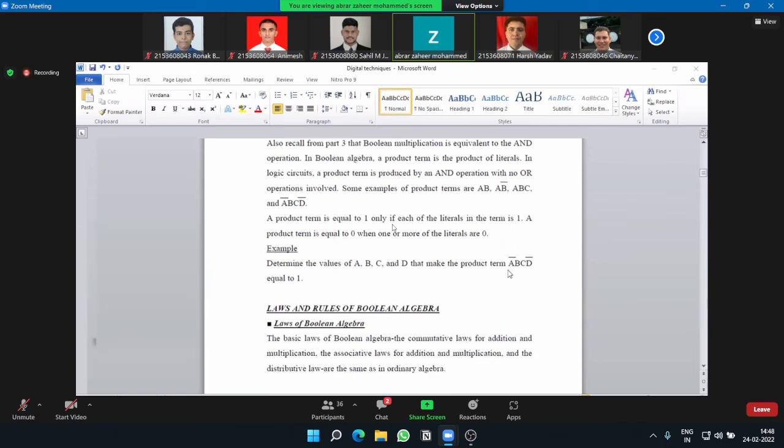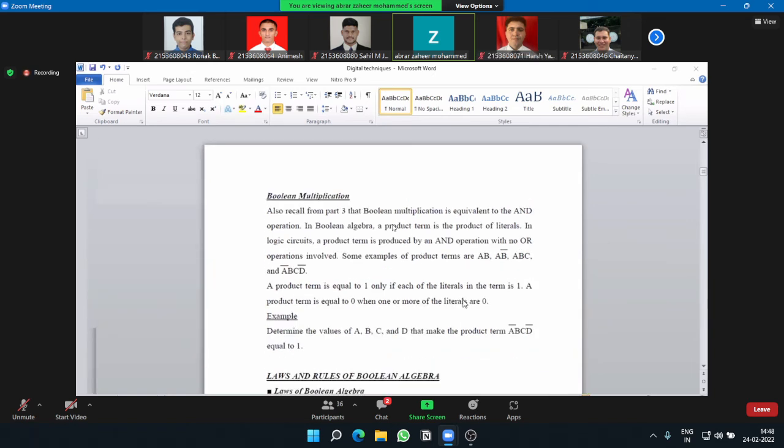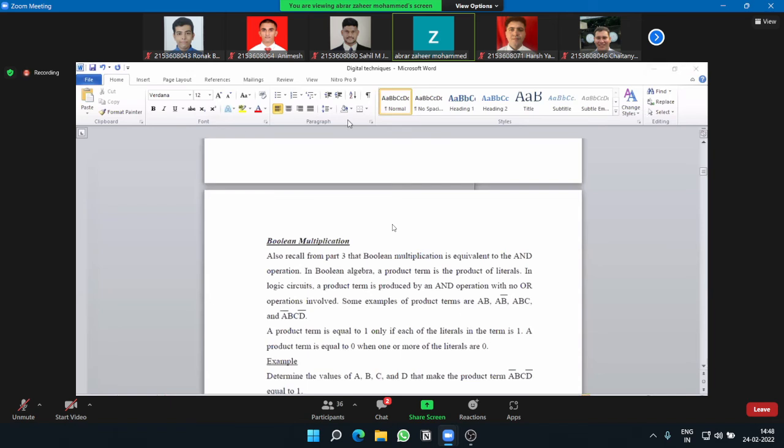Next, we have the laws of Boolean algebra. Anybody can tell me what the different laws of Boolean algebra are? Sir, the De Morgan law.